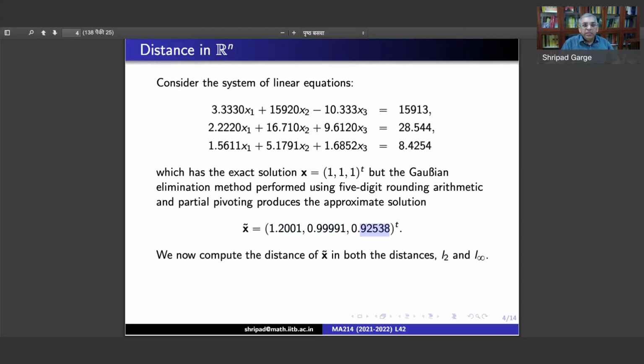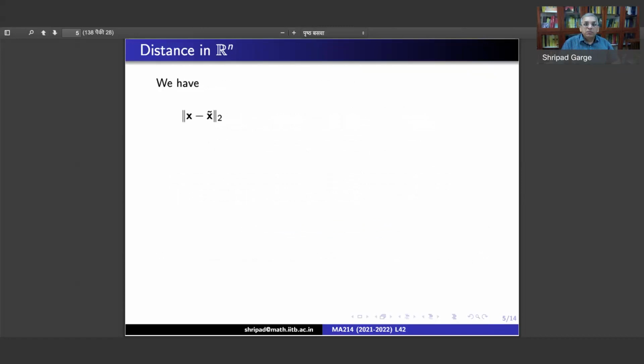Let's apply the definition. So for x, x minus x tilde, the L2 distance will be, we take the differences and take the squares. So 0.2001 whole square, 0.00009 whole square, and 0.07462 whole square.